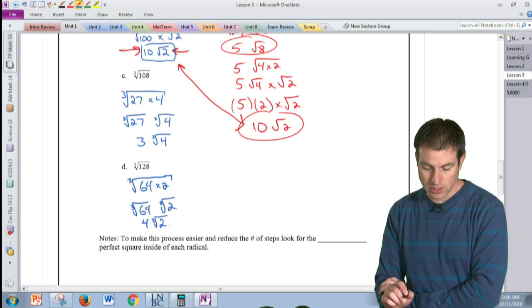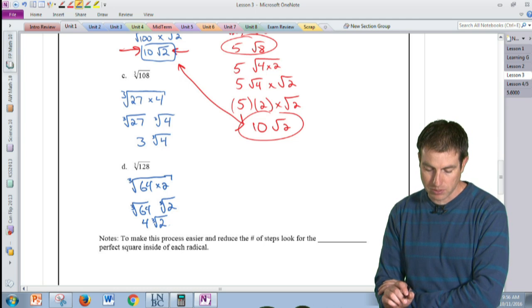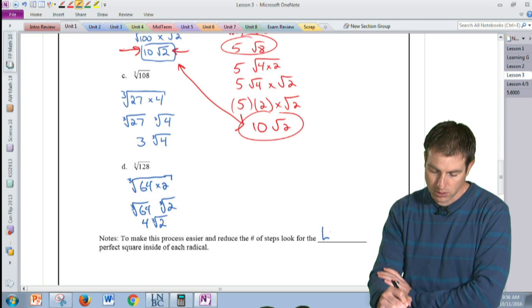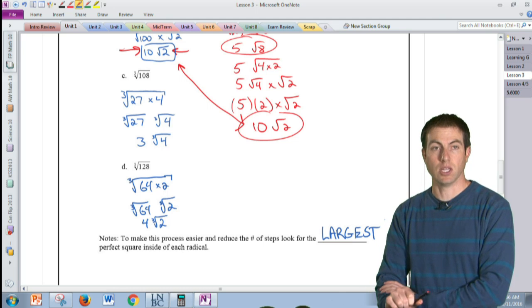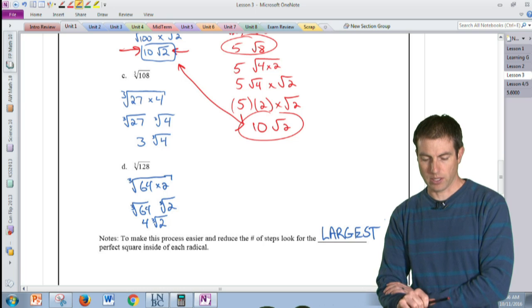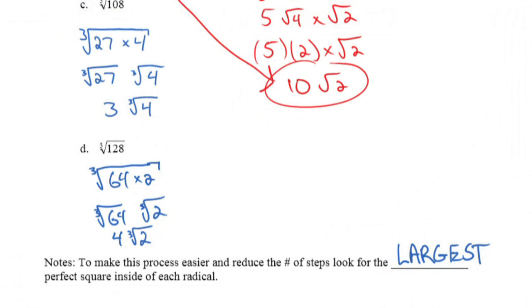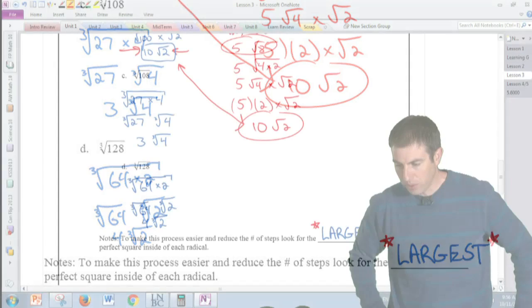So to make this process easier and reduce the number of steps, look for the largest. I wrote it in large letters so you wouldn't forget. I'm going to put 2 stars next to it. Largest. Super important idea.